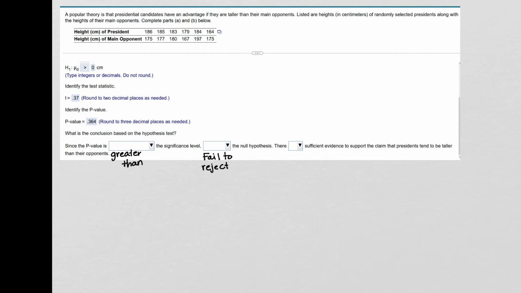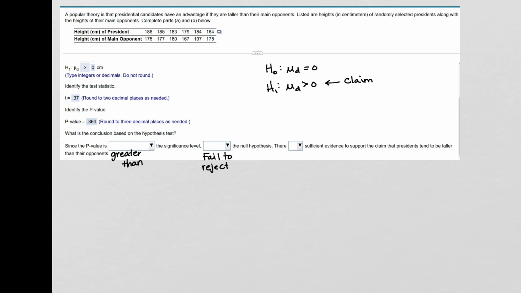So the claim was the alternative hypothesis. If we look back, the null was that mu sub d is equal to 0. The alternative is that mu sub d is greater than 0. And keep in mind, whenever you have a one-tail test, the alternative has to be the claim. If it's a two-tail test, it could be either way.